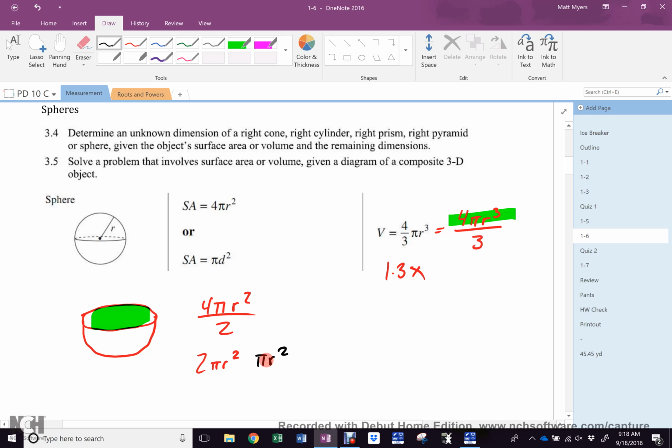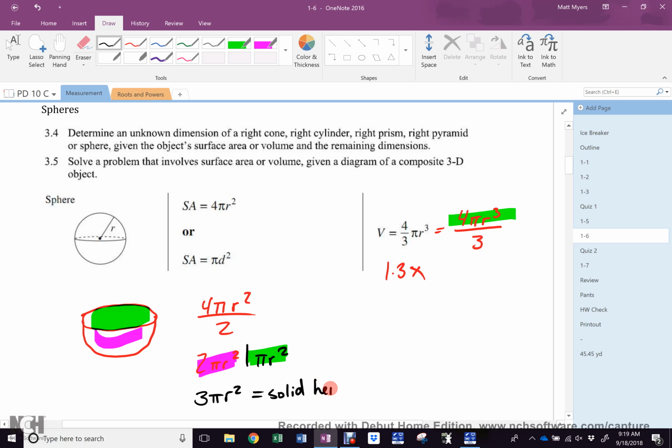How many pi r squareds? 1. So what do I have to do with the red part and the green part? Add them. So a solid hemisphere is actually 3 pi r squared.